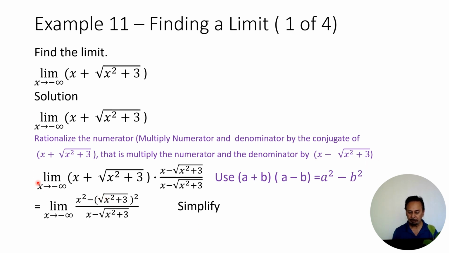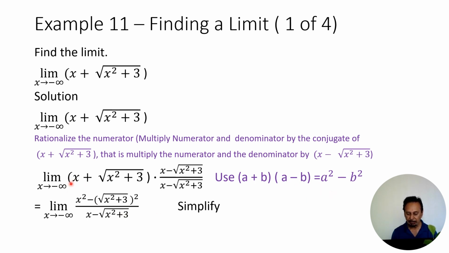So we write the limit as x approaches minus infinity of x plus the square root of x squared plus 3, multiplied by the conjugate, x minus the square root of x squared plus 3, over x minus the square root of x squared plus 3. Now we can multiply these two. They look like the expression (a plus b)(a minus b), which is a squared minus b squared.